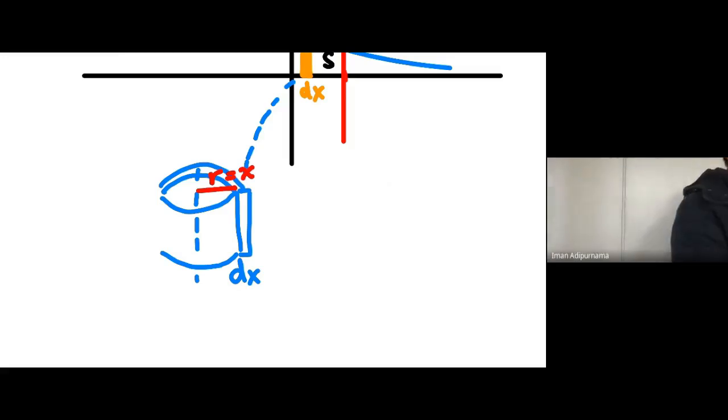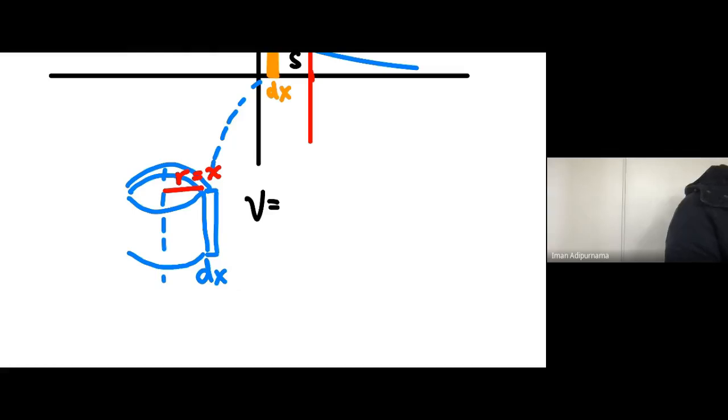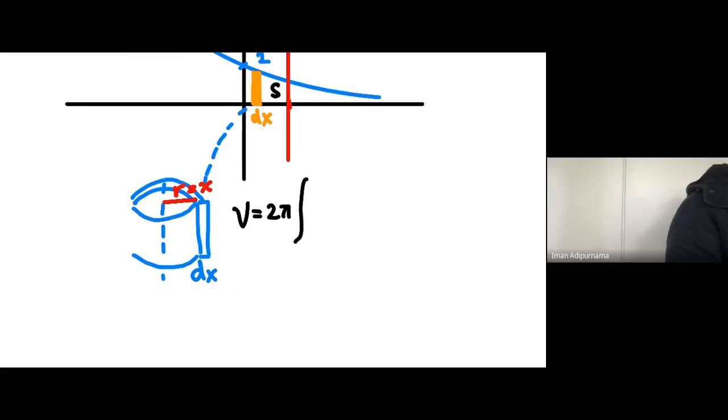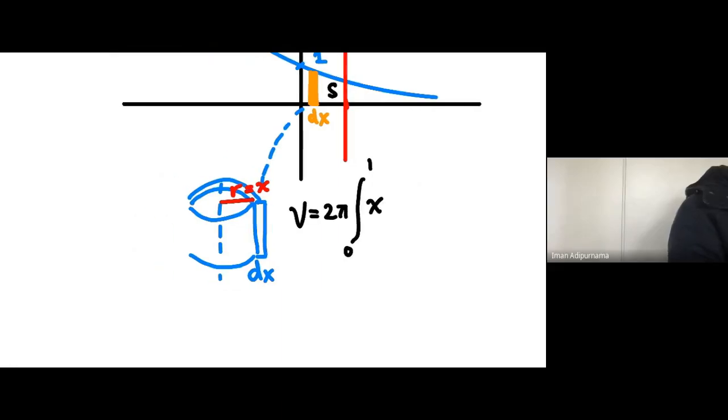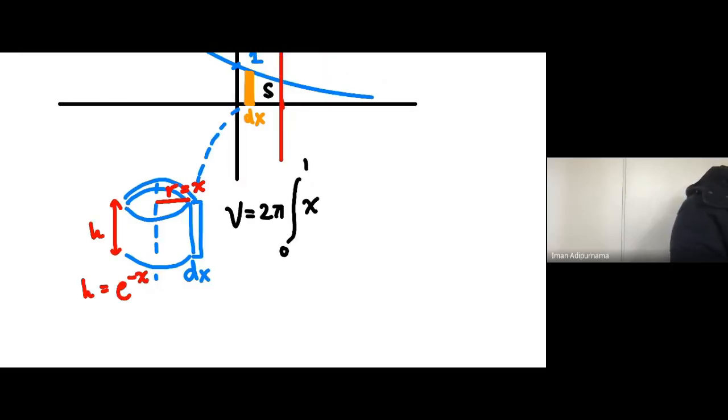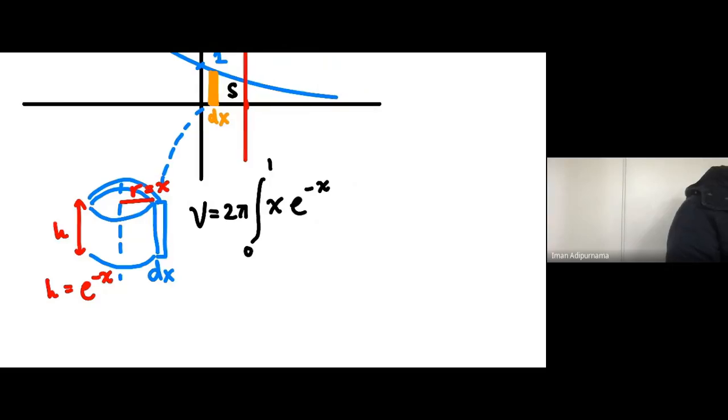So I can write the volume by the shell method as 2 pi times the integral from 0 to 1 of x, and then the height is the function itself, so e to the negative x, dx.